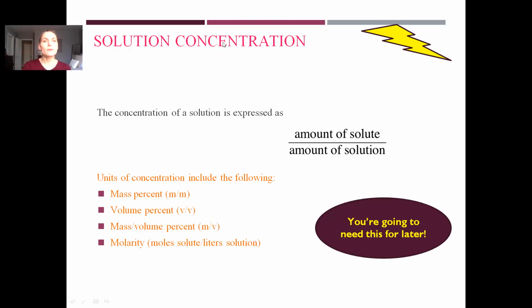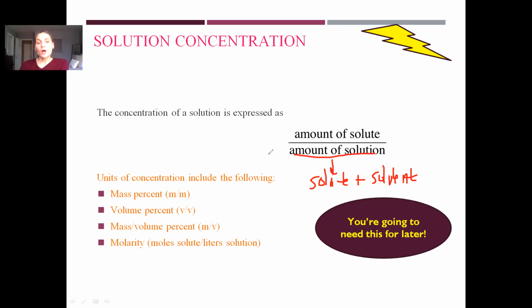And remember, when we think about the solution, it's the solute plus the solvent. Students like to just go with the solute over the solvent. Nope, you're looking at the solute, the smaller quantity, with the solvent and the solute added together at the bottom. So when we discuss these concentrations, this is going to be very useful for the next round of questions.